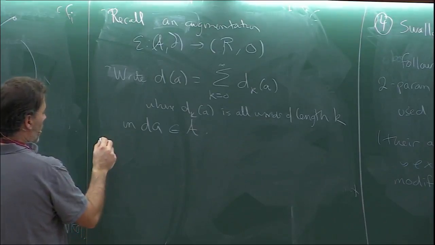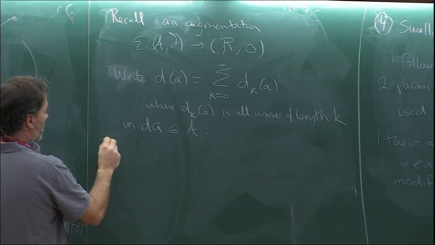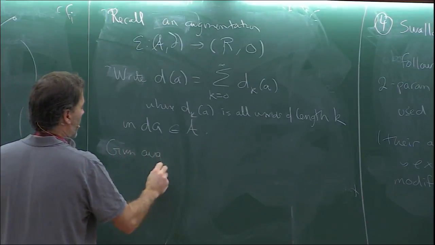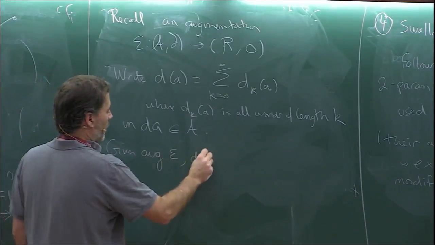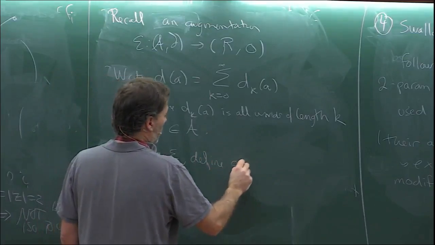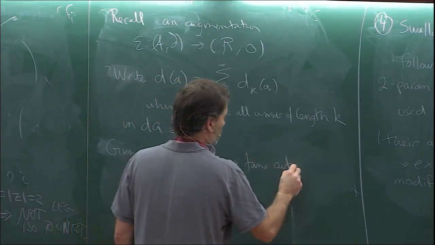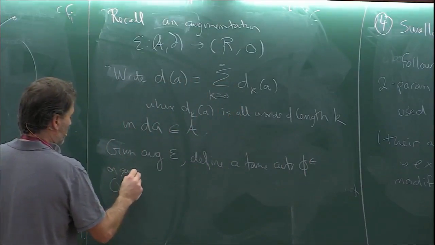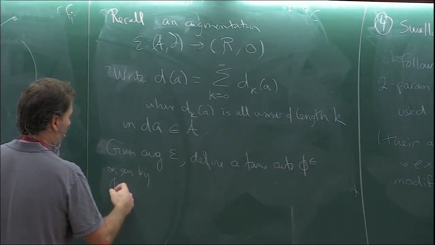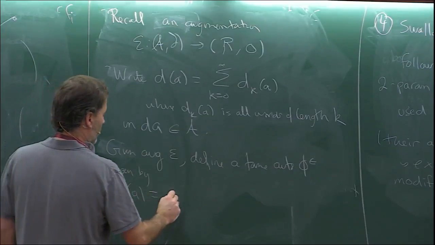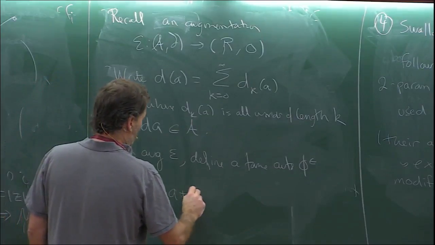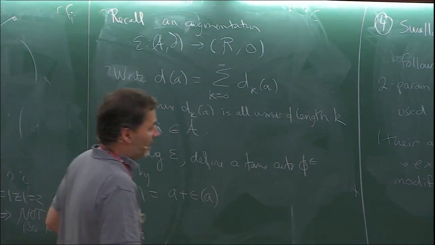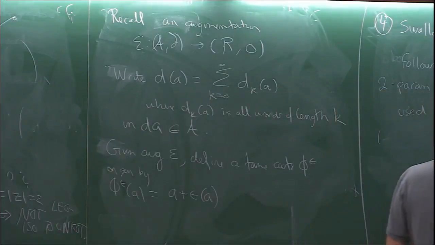So now, given an augmentation epsilon, we can define a tame automorphism phi epsilon on the generators by phi epsilon of A is A plus epsilon of A. Okay? And with this tame automorphism, we can pull back the differential.